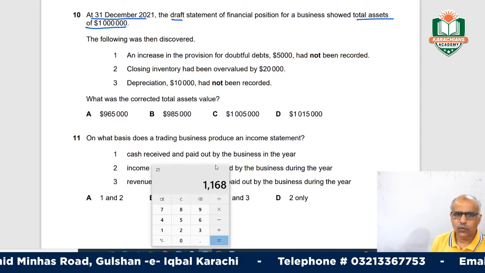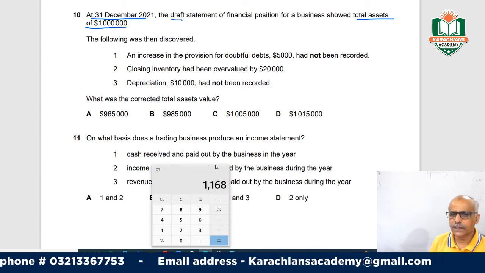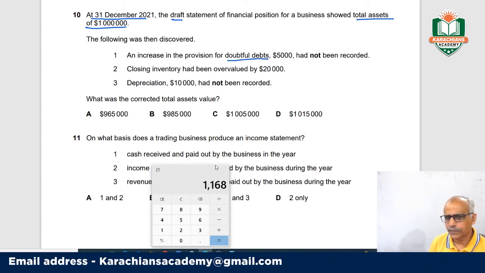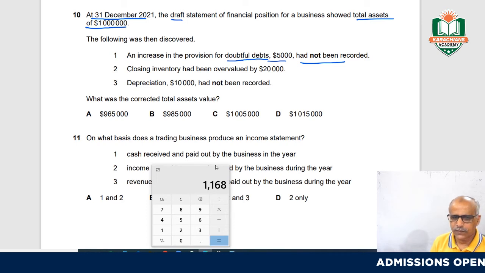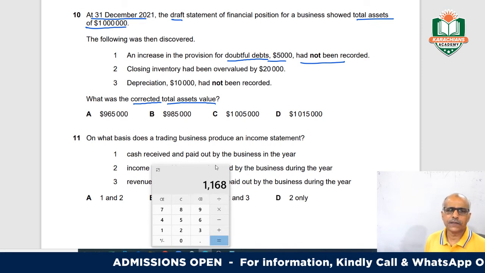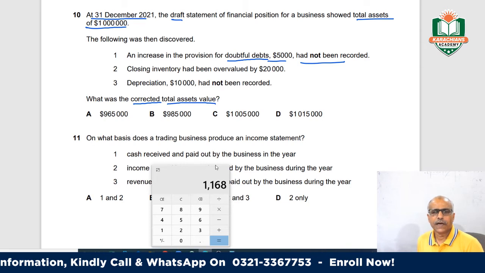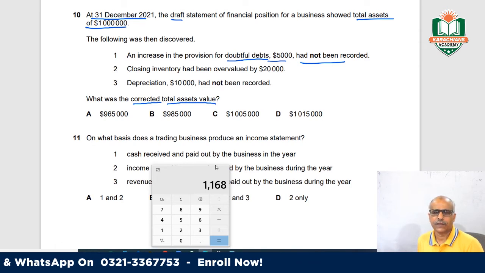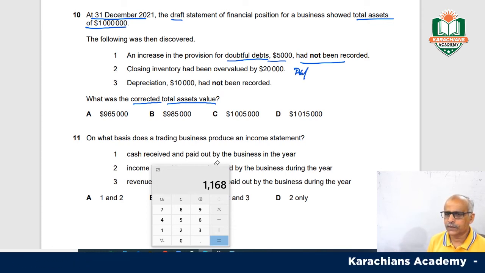Okay, the following was then discovered. An increase in the provision of doubtful debts, 5,000, had not been recorded. What was the corrected total assets value? This is the requirement. It means this 1 million total assets are draft and they have some missing information. So we will incorporate them.